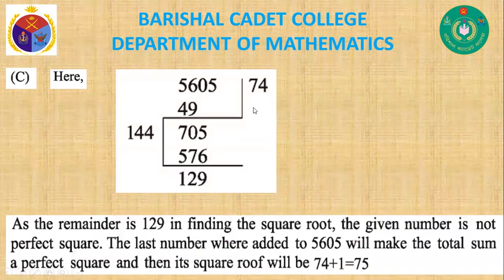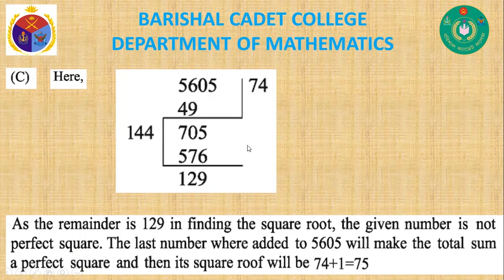We have seen here that this is not a perfect square, as the remainder is 129. So the least number that, when added to 5605, will make the total sum a perfect square, then its square root will be 74 plus 1, that is 75.